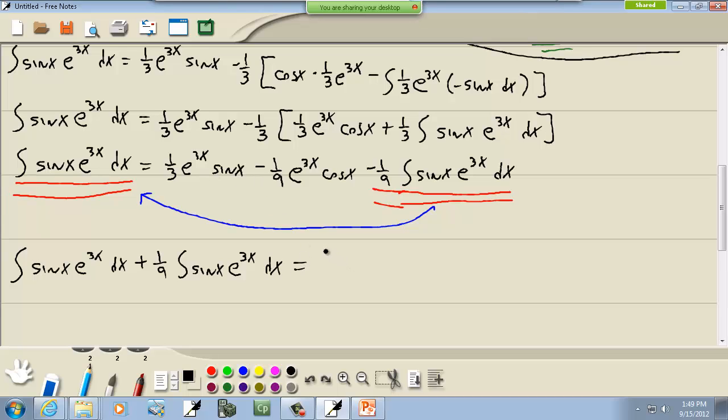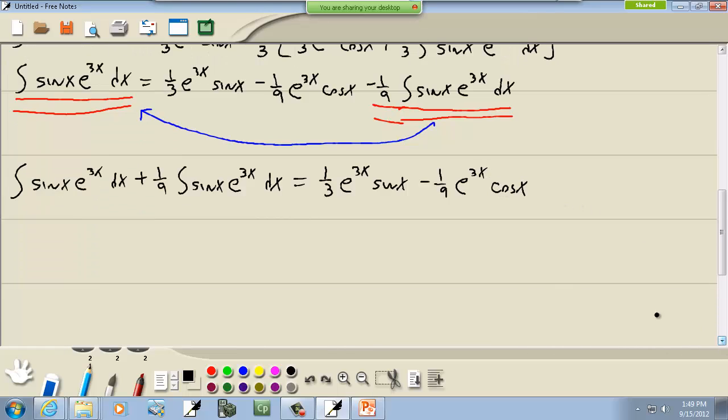And this is still here, so I got 1/3 e to the 3x sine x minus 1/9 e to the 3x cosine x. Now we combine like terms. There's an invisible 1 in front of this, and 1 plus 1/9 gives us 10/9.